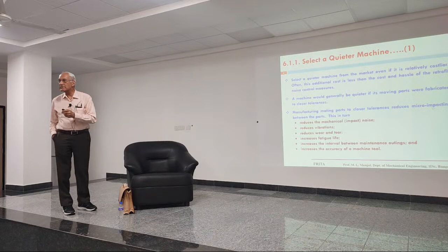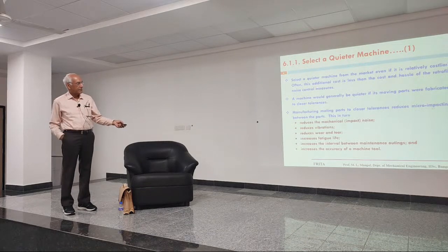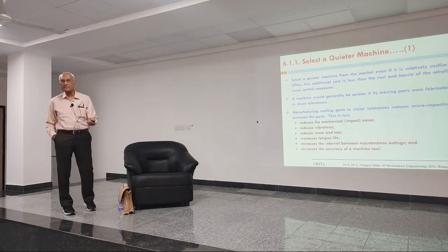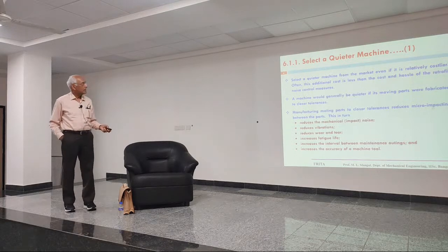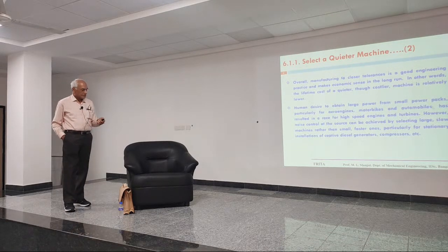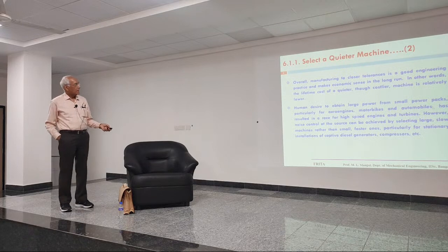So many advantages we have when we manufacture these mating parts to closer tolerances. Overall, manufacturing to closer tolerances is a good engineering practice and makes economic sense in the long run. In other words, the lifetime cost of a quieter, though costlier, machine is relatively low in the long run.